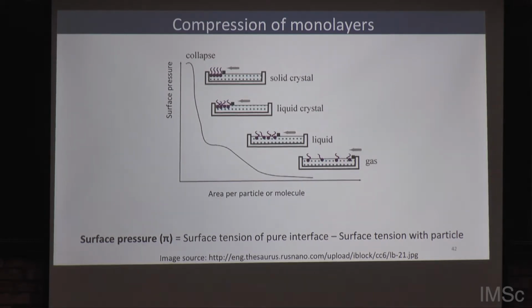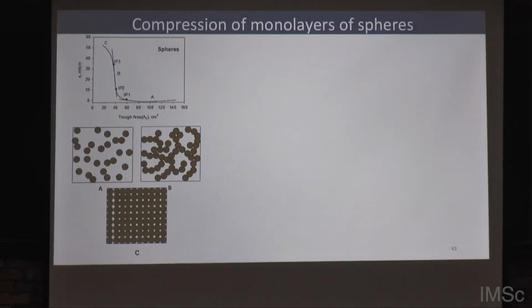If you compress them enough, you could have a liquid like state, and then some kind of liquid crystalline order and so on. So this is a classic experimental setup where people look at phase transitions in 2 dimensions, and if you have a way of doing microscopy and other tools, I can basically map out the PV diagram in 2 dimensions. That's the point.